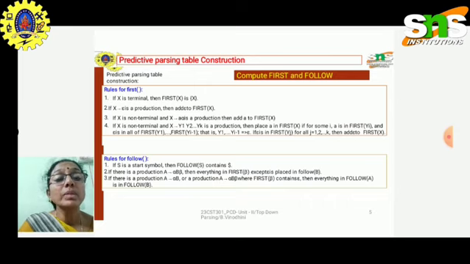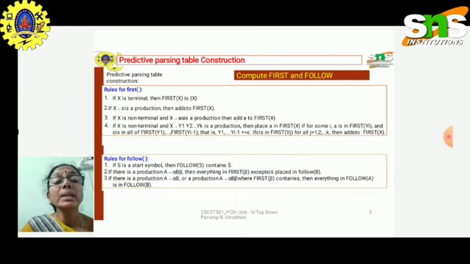Next is the follow function. In the follow function we follow certain rules. If the non-terminal is the start symbol, we add the dollar symbol in the follow function. If there is a production A tends to alpha B beta, then everything in first of beta is in follow of B except epsilon. That is one rule.